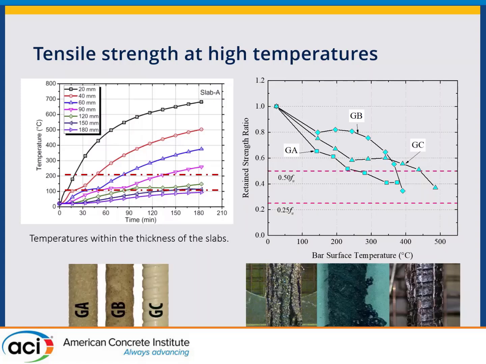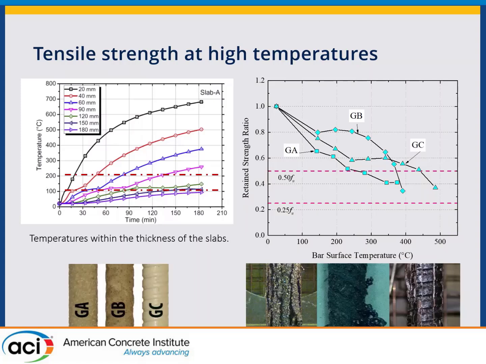And in these cases we had 40 millimeters of cover, which is about 1.5 inches. You can see you're easily getting up to 400 or 500 degrees Celsius and over that.